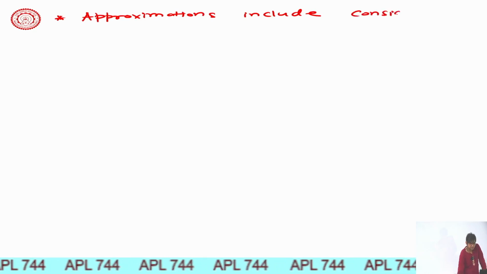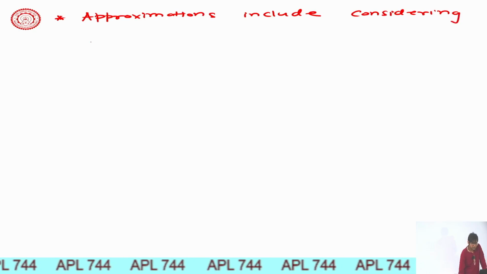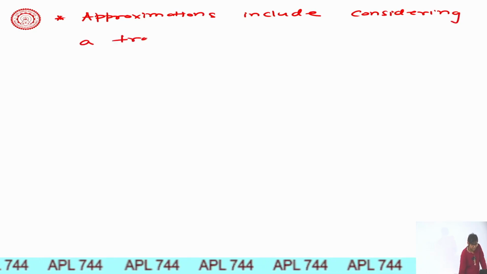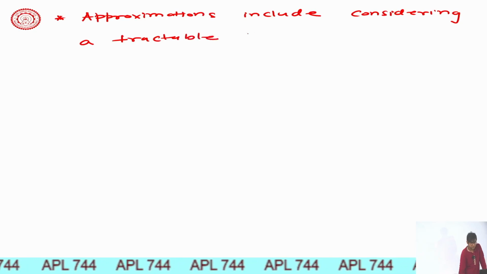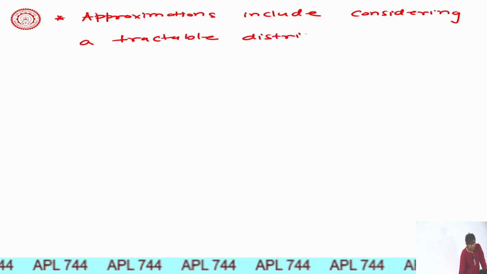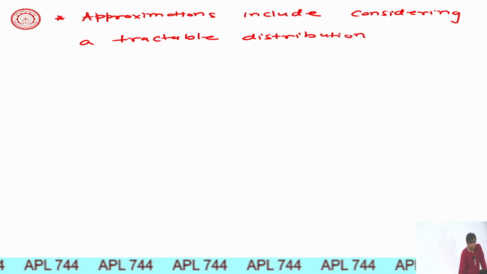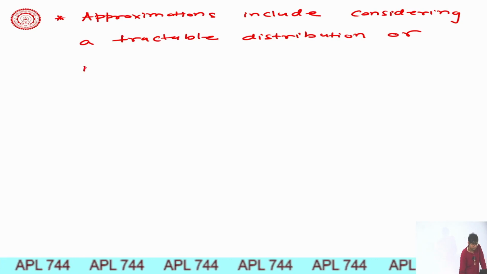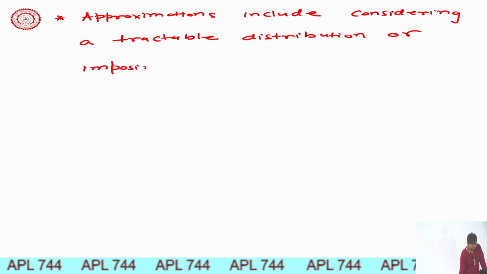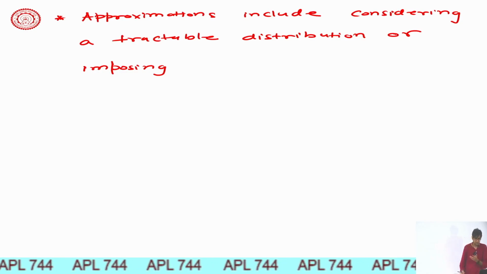So approximations include considering a tractable distribution, an example is Gaussian, or imposing independence.